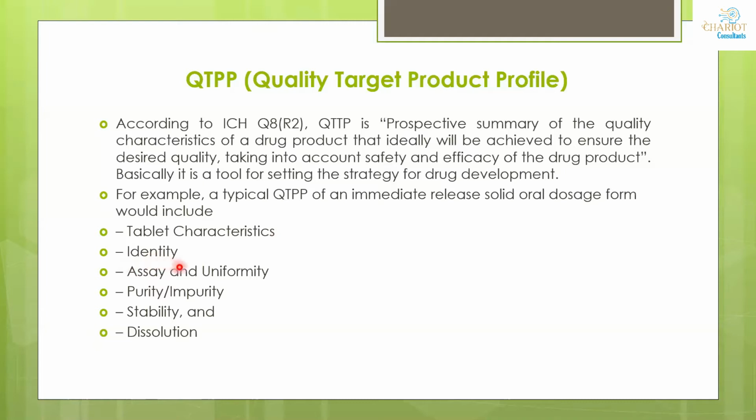Identification in tablets: you have your active ingredient, and you need to be able to identify it in your tablets, along with your assay values and uniformity. If you talk about tablets, then you talk about content uniformity, purity, or we can say the impurity levels. Stability will be very important whenever you are manufacturing a dosage form.